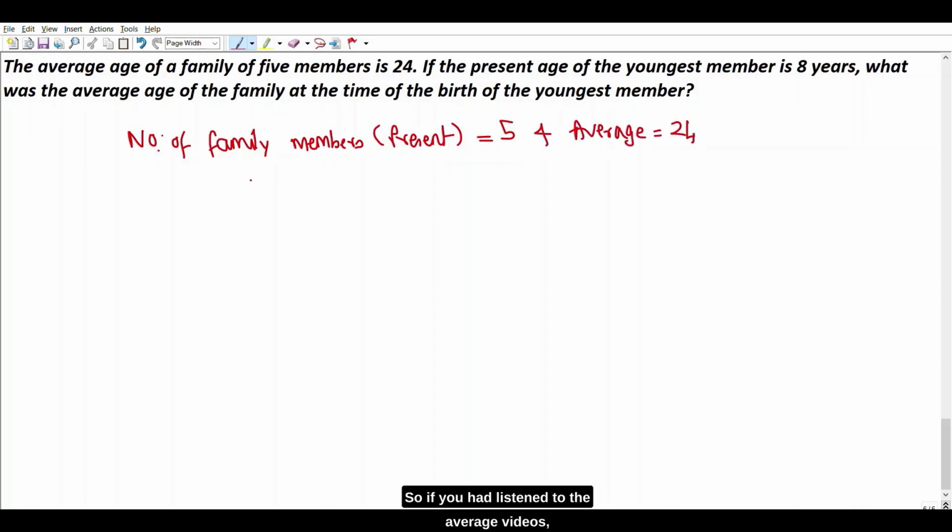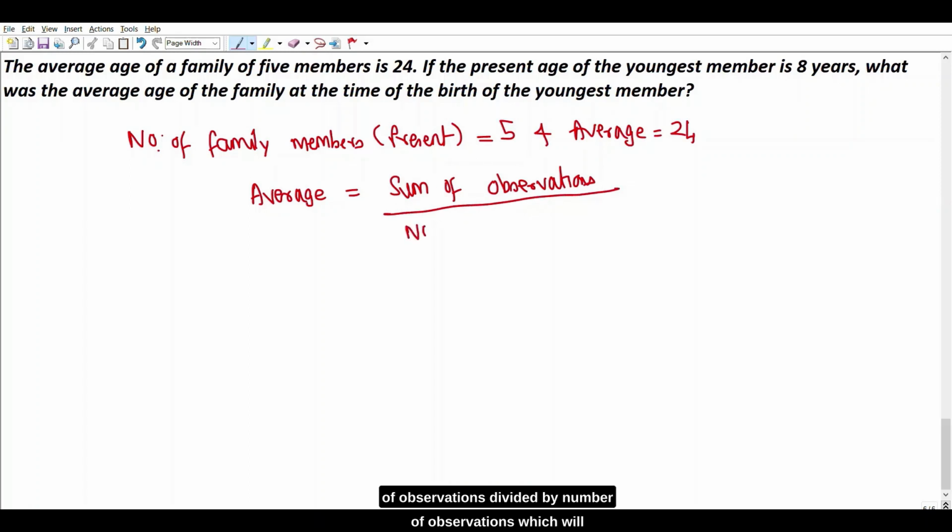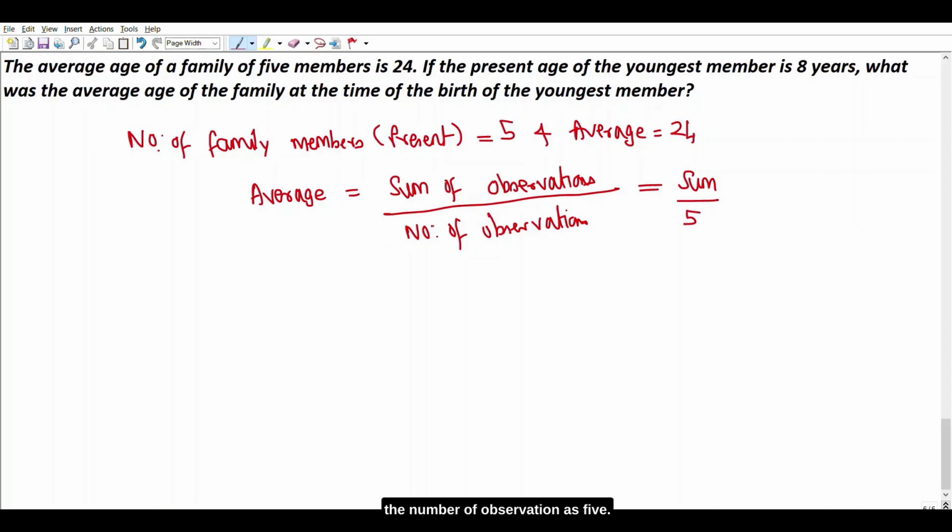So if you had listened to the average videos, we would know that average is equal to sum of observations divided by number of observations. We don't know the sum, but we know the number of observations as 5.